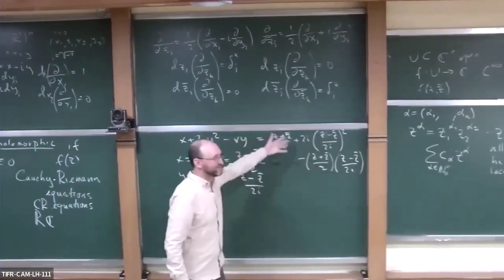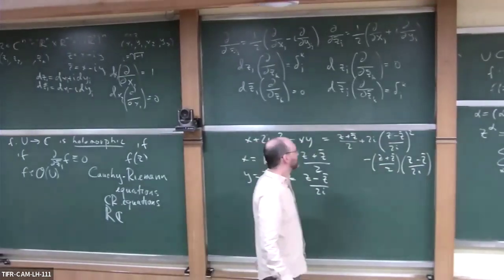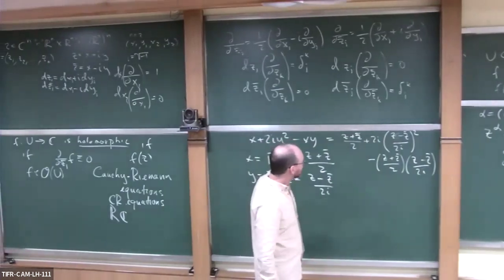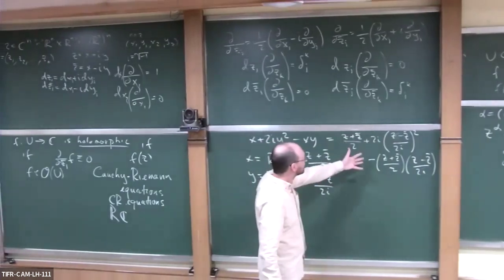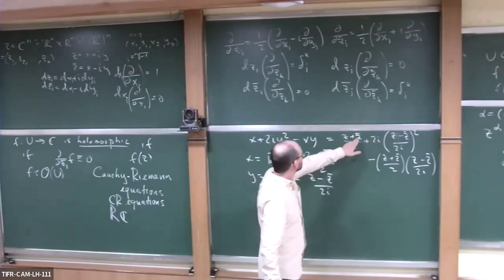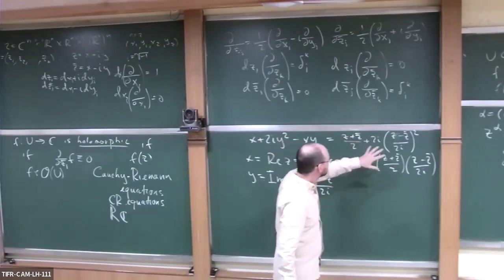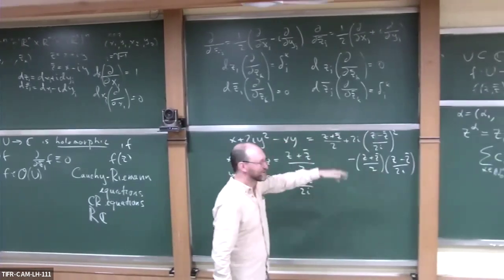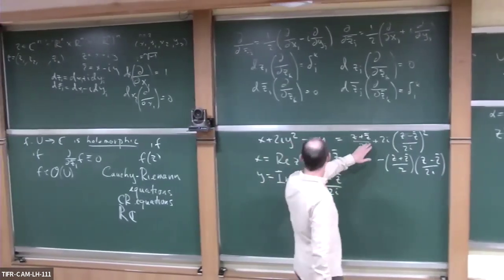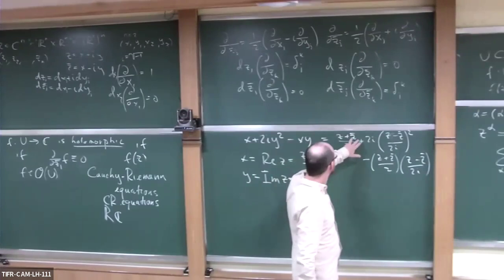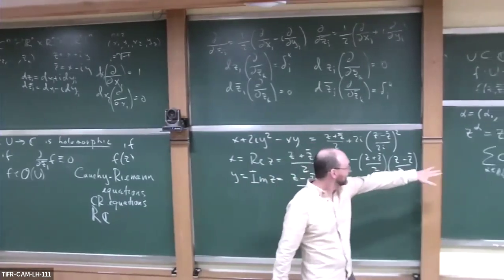For example, this one is not going to be a power series in just Z. At second order, I'm pretty sure that it doesn't cancel, so you're going to have at least a Z bar. There's no way to write it like this.